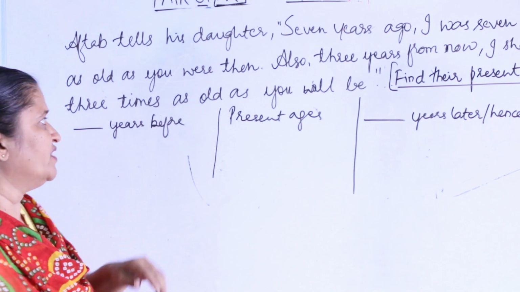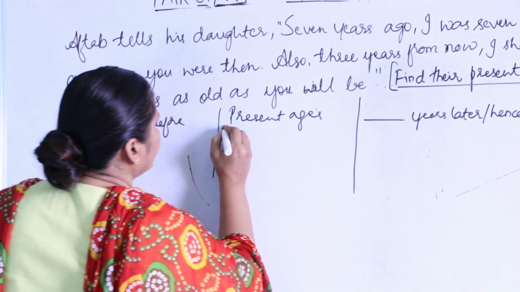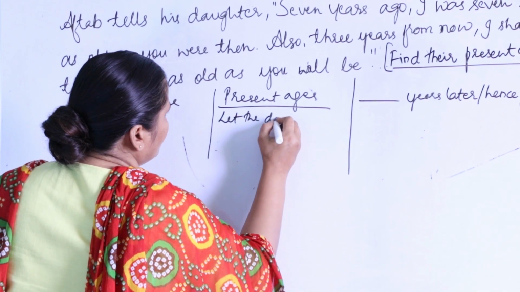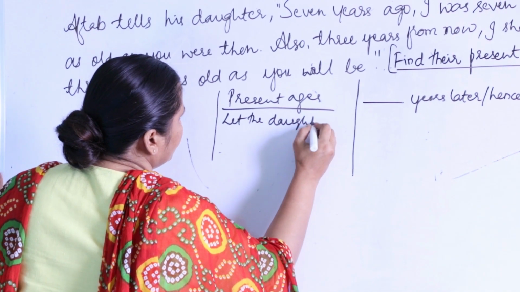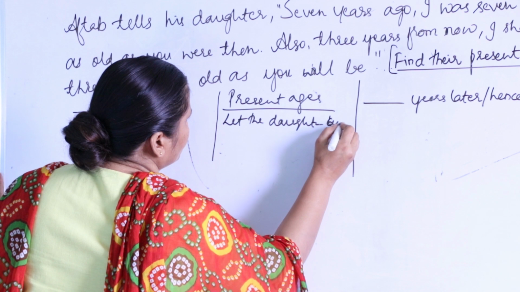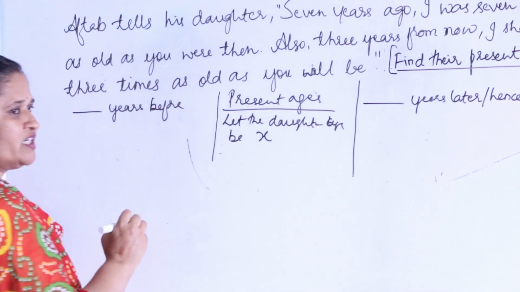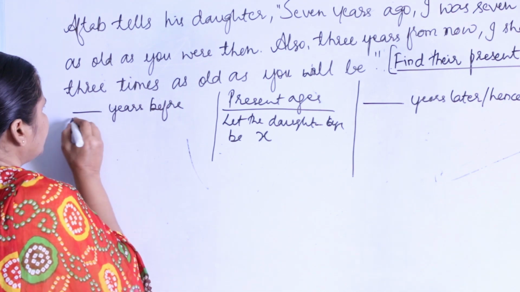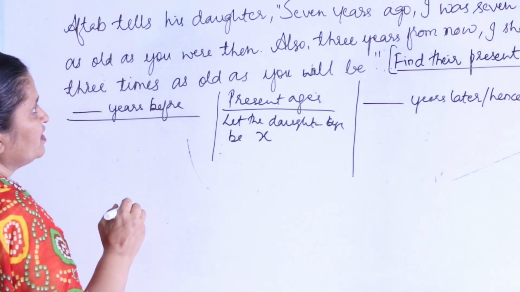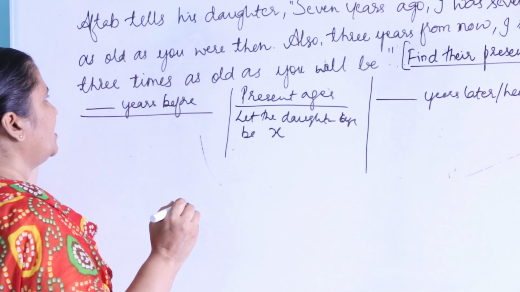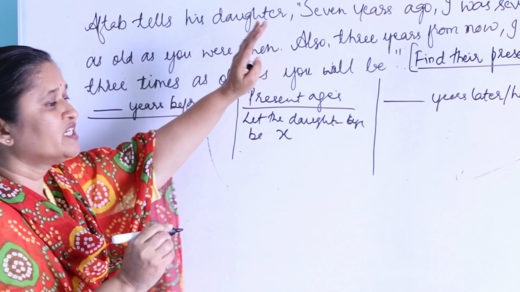So let's begin with assuming daughter's age. Let the daughter's age be x, when present age we are talking. Okay, present age. I was 7 times as old as you were then means 7 years ago.